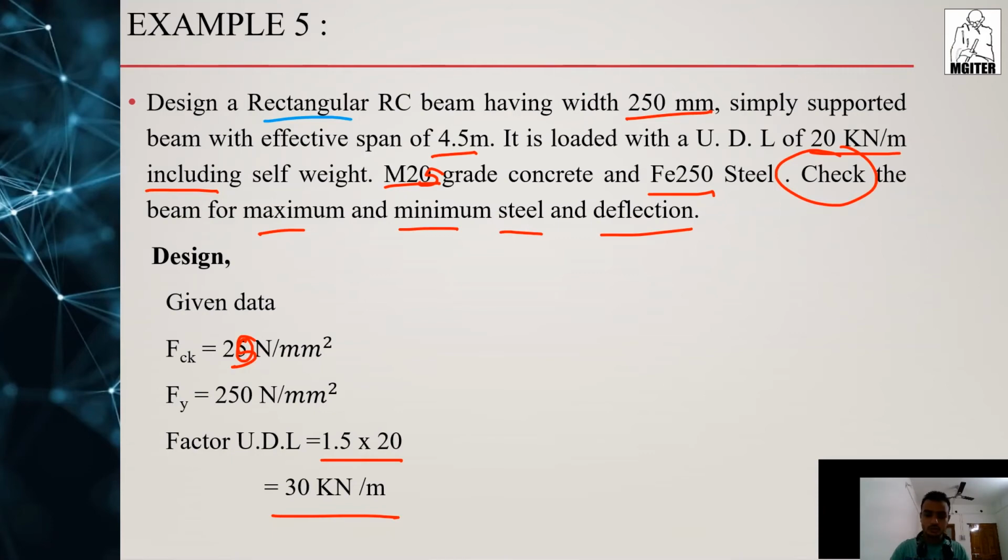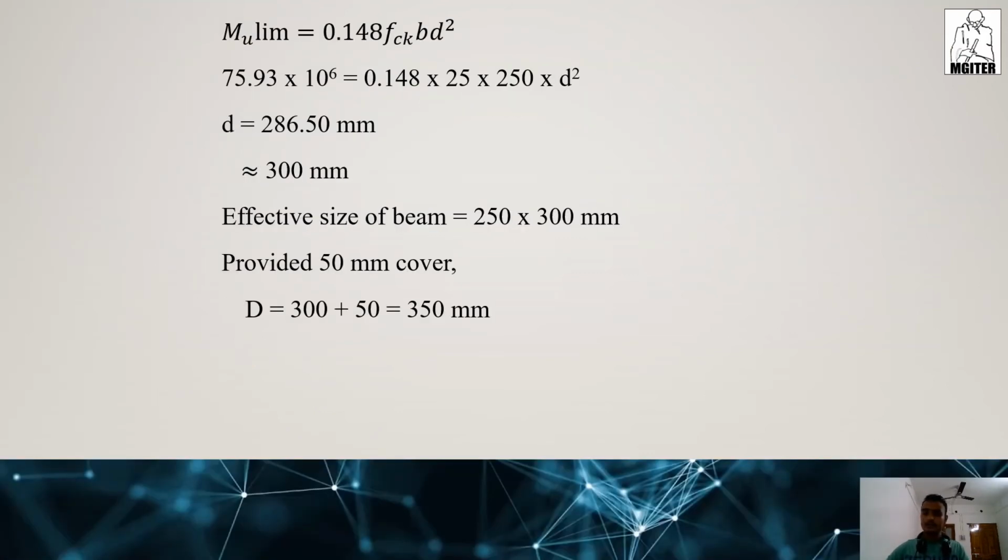Then Mu limit is 1.48 fck B D square, a value we discussed in the previous lecture. So Mu limit is 1.48 into 25 into 250 into D square, and D is equal to 286.50 mm. So by this equation we got a depth of 300 mm.